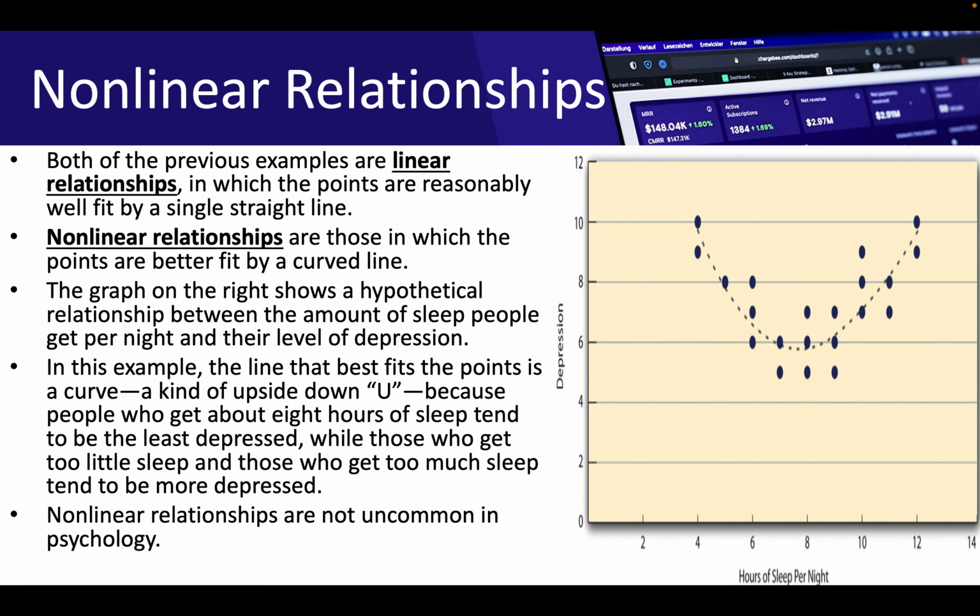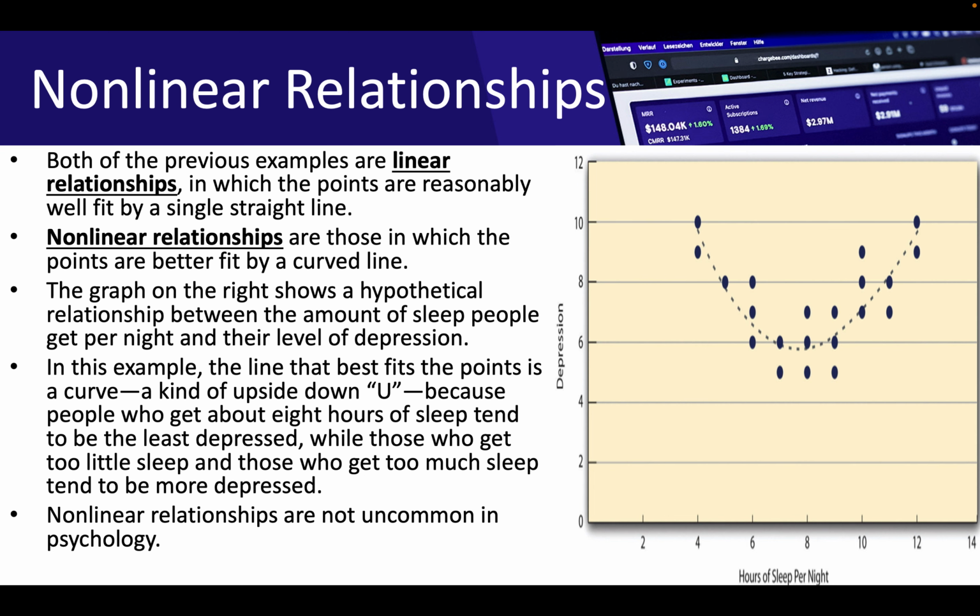Both of the previous examples are linear relationships in which the points are reasonably well fit by a single straight line. Nonlinear relationships are those in which the points are better fit by a curved line. The graph on the right shows a hypothetical relationship between the amount of sleep people get per night and their level of depression.